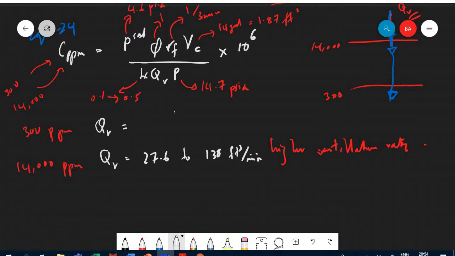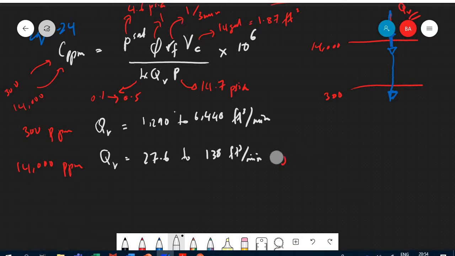And here for 300 ppm you need a higher ventilation, so that would be 1,290 to 6,440 feet cube per minute. And definitely the higher ventilation rate of course will be for the lower ppm. And we already said that about the ventilation rate.